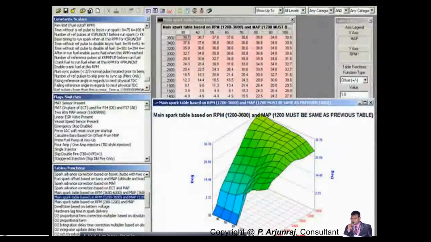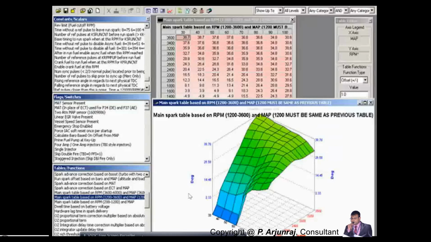And you see, this is another graph which indicates manifold absolute pressure in one direction, speed of the vehicle in another direction, and then the angle, basically the spark angle. It shows when the spark gets ignited, and it also indicates the angle at which it gets ignited.